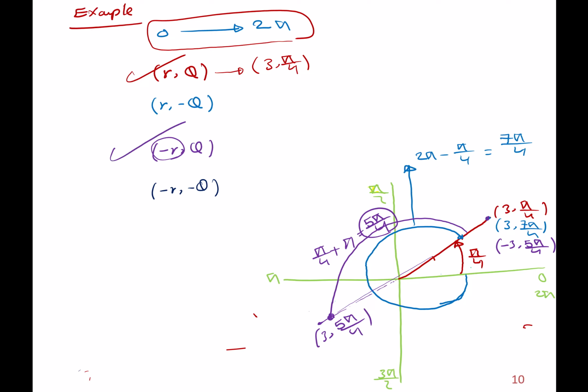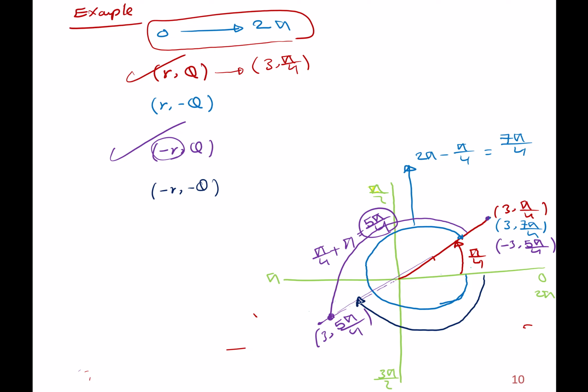For the fourth one, which is minus r and minus theta, we should draw the angle clockwise. So here we will draw it like that.